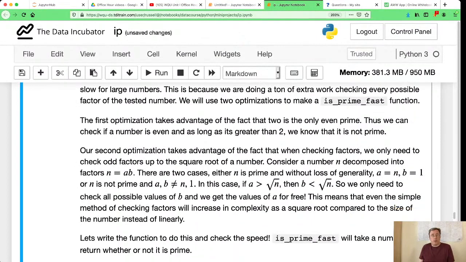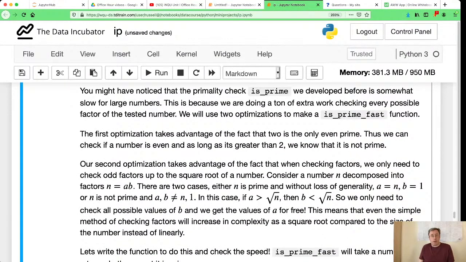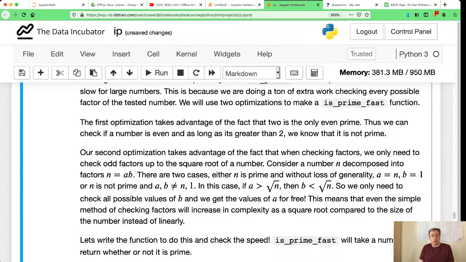But if we only need to check factors up to the square root, because if the number's not prime, and if for example we could write n as the product of two numbers, neither of which is 1, well, one of them will be less than or equal to the square root of n. So we only need to check up through the square root of n.